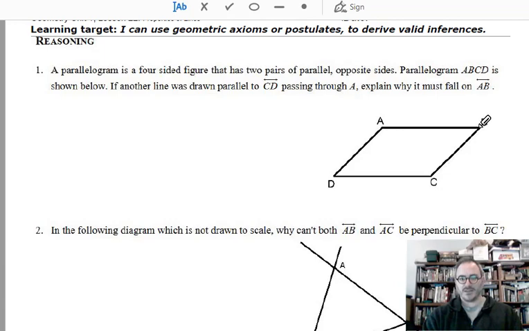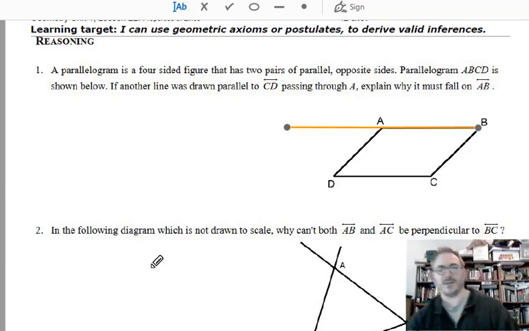Let me try this one more time. I like it to be a little bit more on the money, right there. Now I'm happy with it. So this orange line is going to be parallel to CD, and it goes through point A, and let's notice that this line is right on top of AB, right?